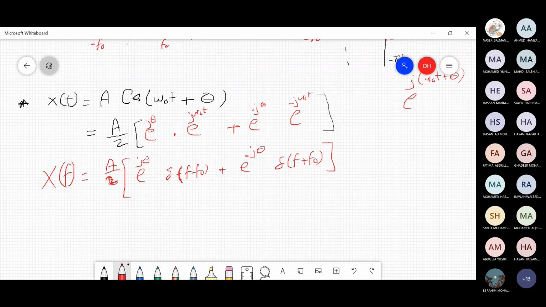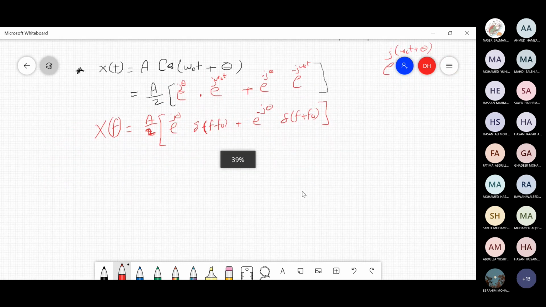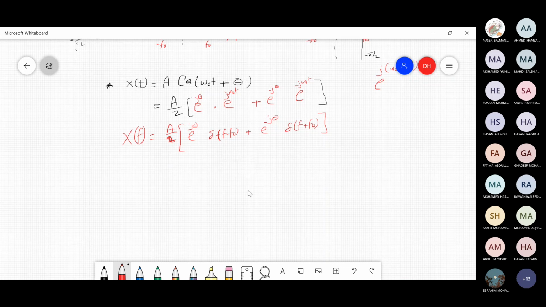This is cosine, of course, like the one above. While the angle of A divided by 2 is equal to 0, and the angle of this one is equal to theta. So it depends on theta, of course, while the magnitude is constant, A divided by 2. Clear? Any questions?